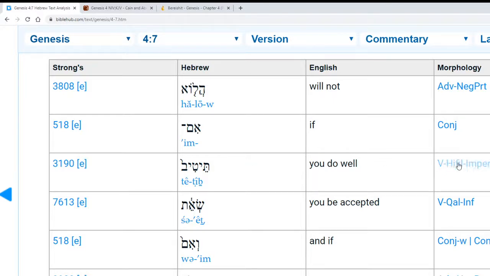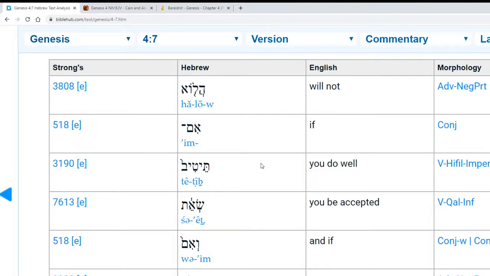And they're saying that this is in the hifil, the causative, there's two yuds here, so there is some causative manner here. The taf at the beginning is telling you that it's an imperfect. They're translating as you do well. I would say if you improve, cause to be good, improve.